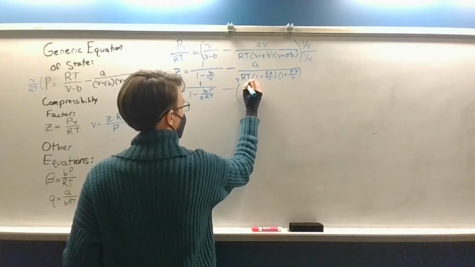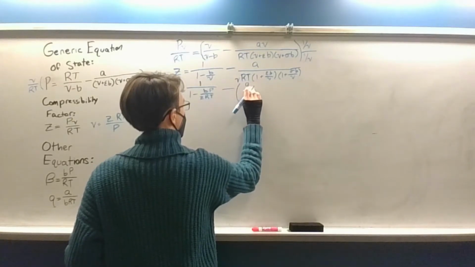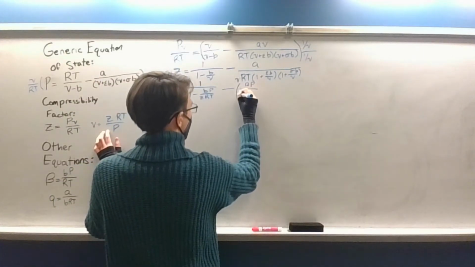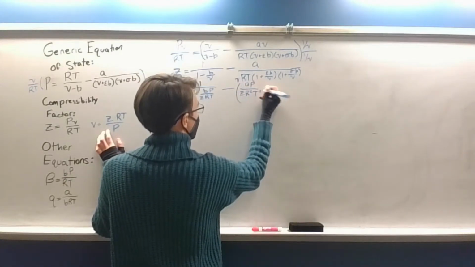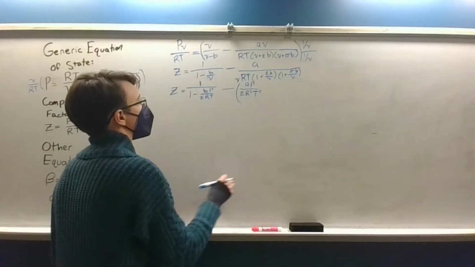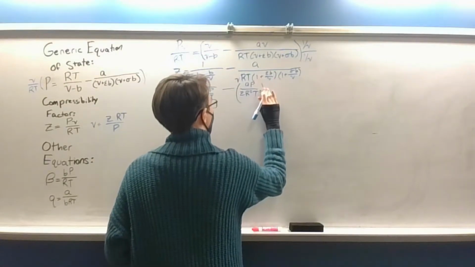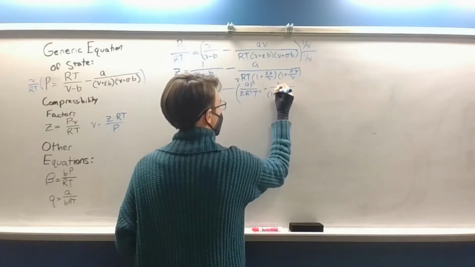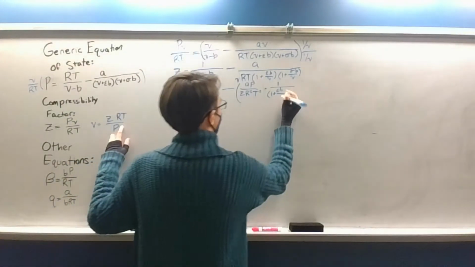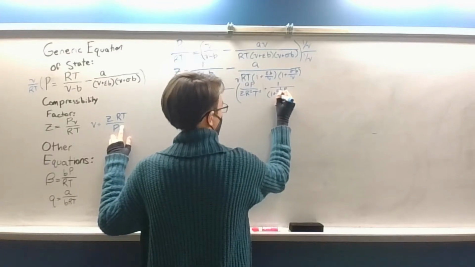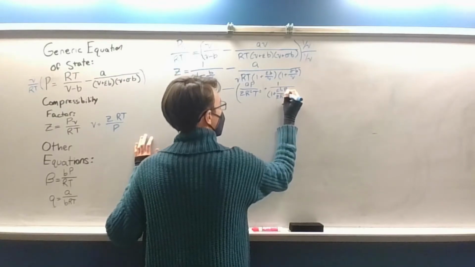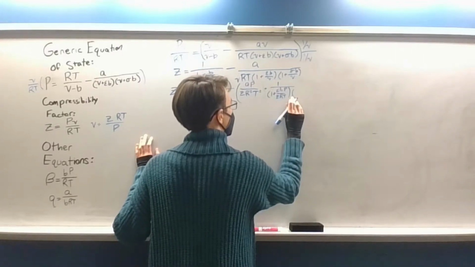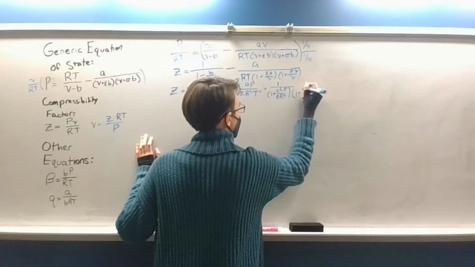We're going to have big parentheses, and we're going to have A over, then we've got a v, so that means we'll have a P up here, and then over Z, R squared T squared, the RT times the RT over here, squared, and then times 1 over 1 plus epsilon b over, so we've got another v, so again plug that in, pressure over Z times gas constant times temperature, times 1 plus sigma b.